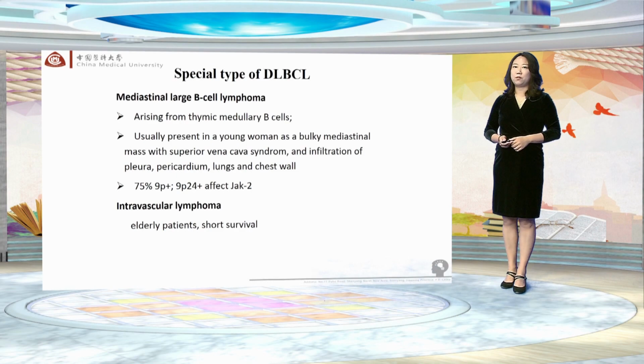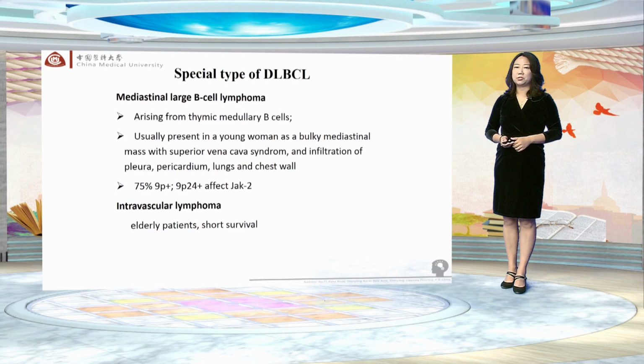Diffuse large B-cell lymphomas have some rare, though unique, presentations. Mediastinal B-cell lymphoma is a tumor arising from thymic medullary B cells and accounts for more than 2% of non-Hodgkin cases.